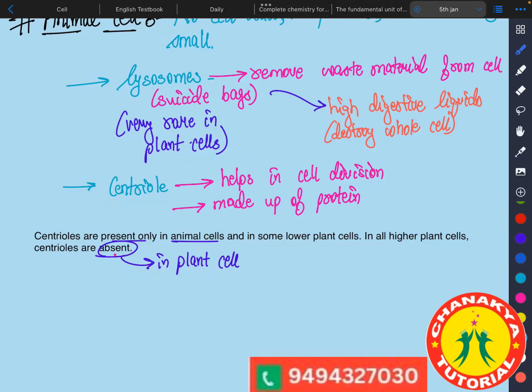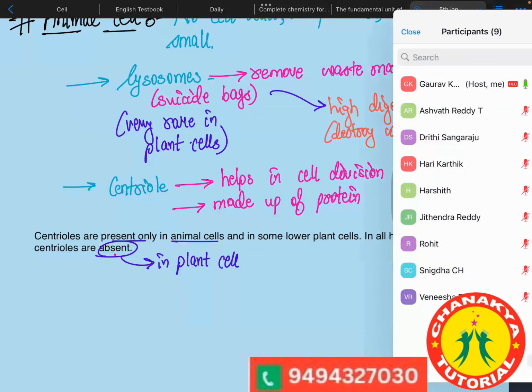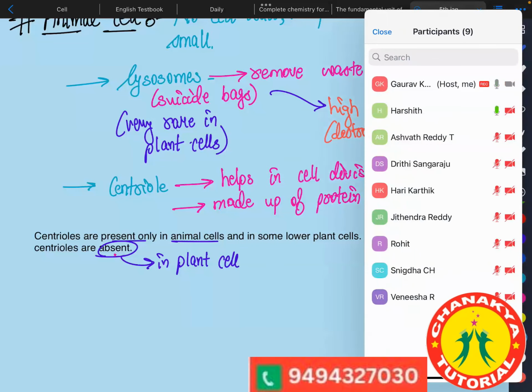Will the vacuole give a specific shape to the plant cell? Last year my ma'am told that the vacuoles in plant cell help them to get a specific shape. Is it true or not?